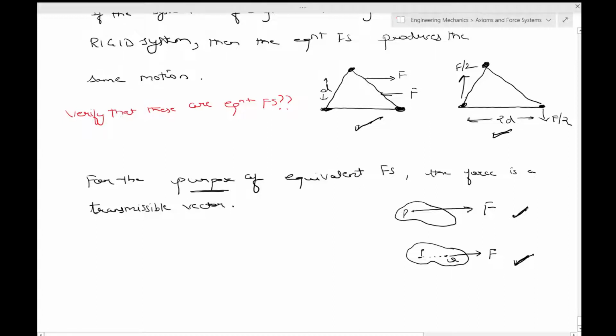This is only true for a rigid body. For a deformable body, let me write what is not of any meaning.